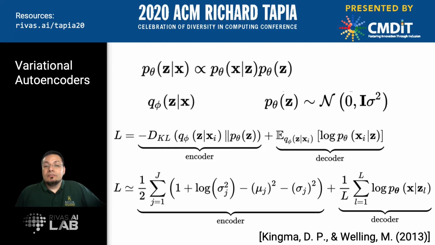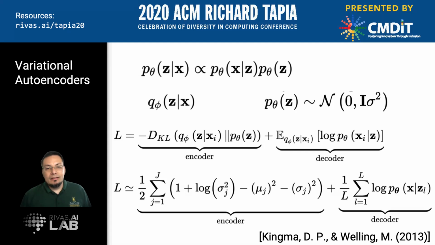And so we can ask ourselves, what is the probability of X given that we observe this latent representation Z? And if we have a sample data point X, what's the probability that it comes from this particular latent representation?